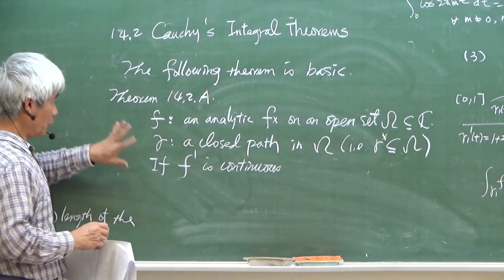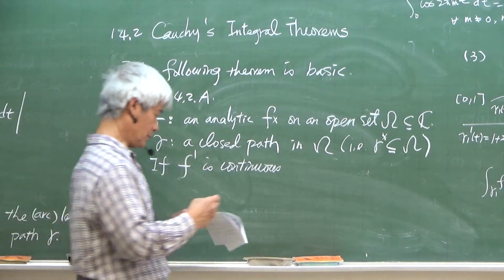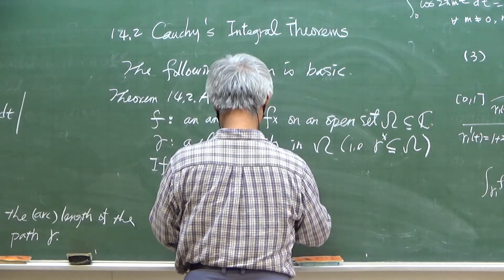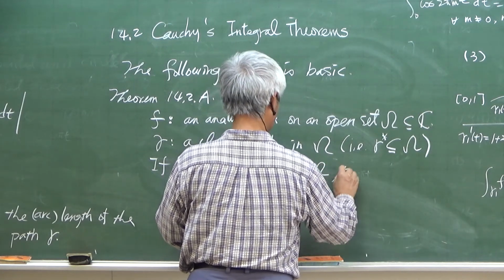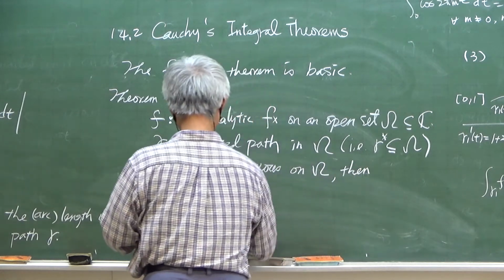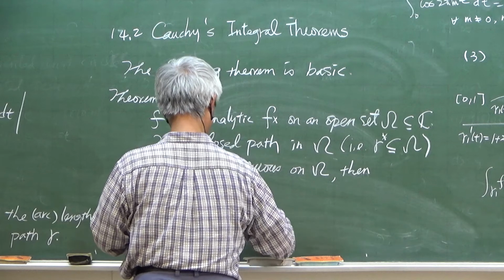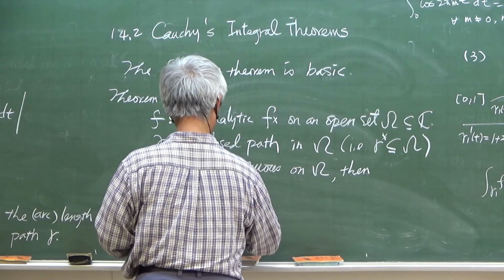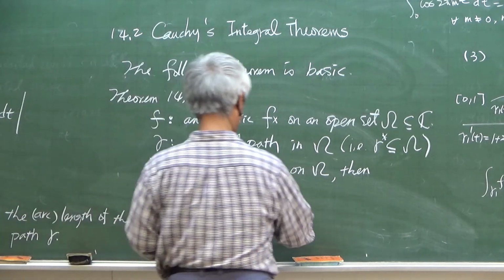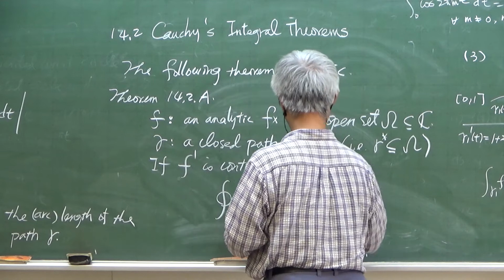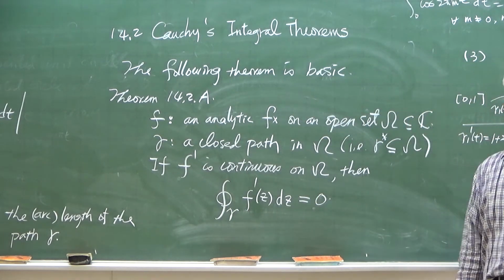But we also require that the derivative is continuous in omega. Then the line integral along the closed path of the derivative of f of z should be equal to 0. Right? It's very simple.